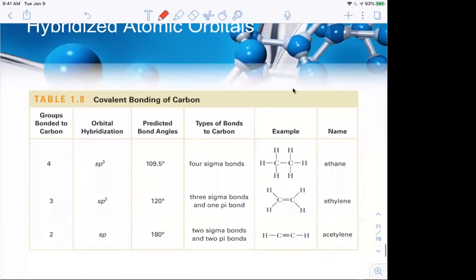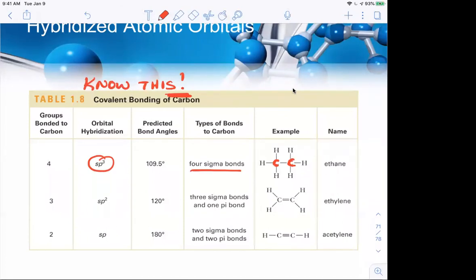So this chart is what you have to know. You have to be able to determine whether this carbon is sp, sp2, or sp3 hybridized. If I have 4 sigma bonds, I'm going to be sp3.